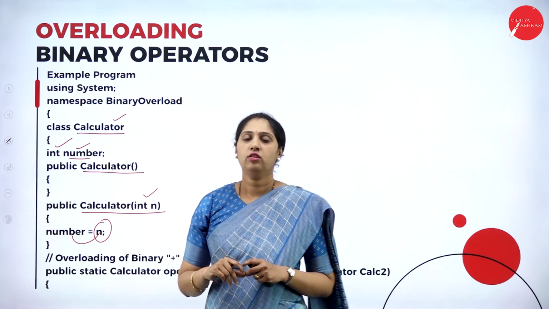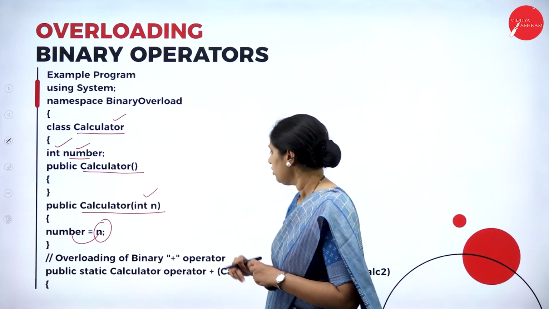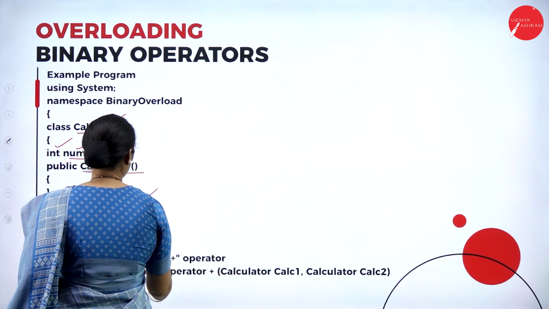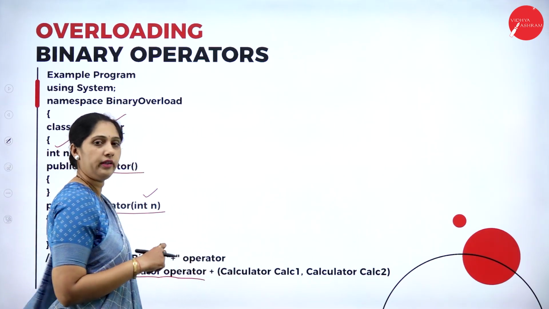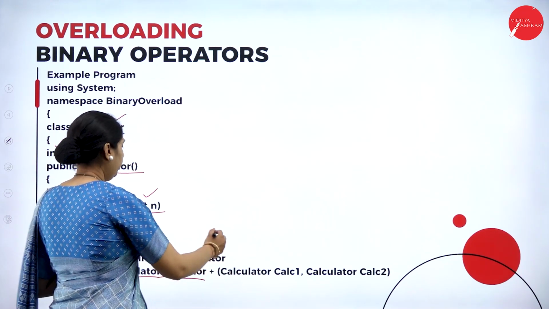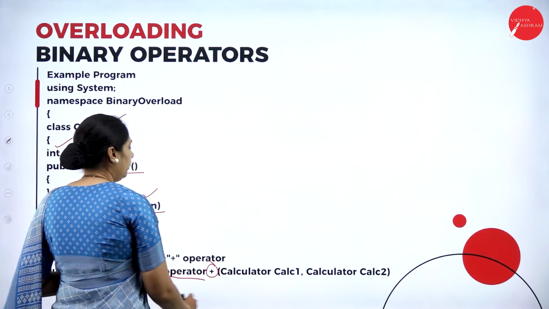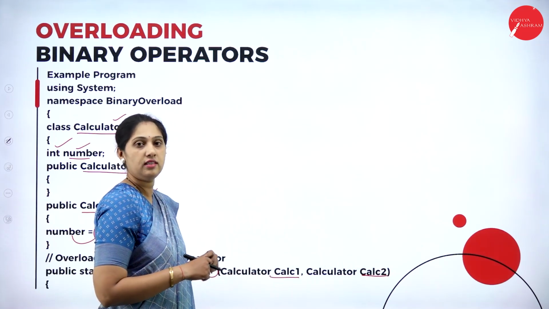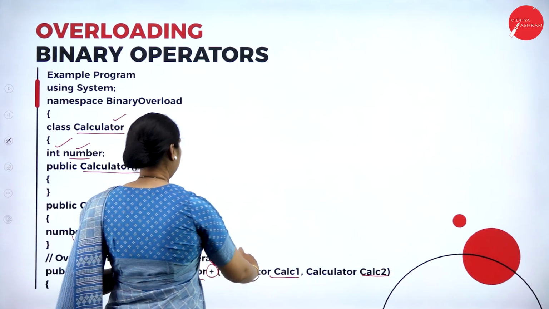Now we have the concept of overloading. What we overload is, first we'll declare calculator operator. I told you operator is a keyword. What operator are we using? Plus. Then we'll create objects calc1 and calc2 of the class type.